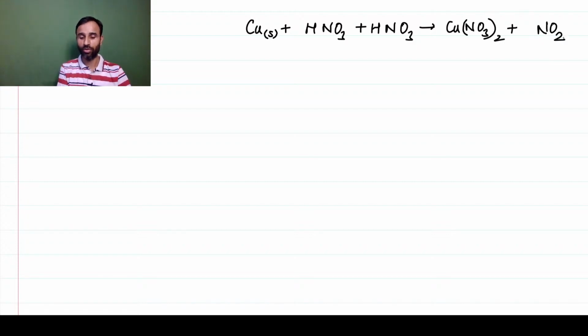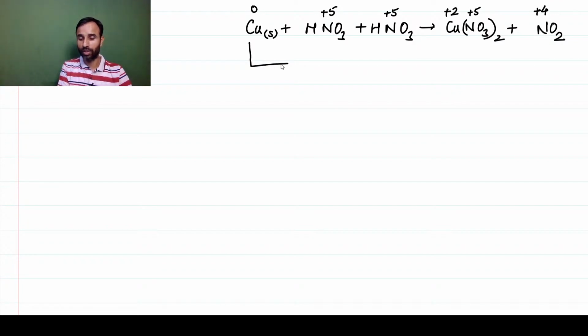Now see, again copper 0, HNO3 plus 5; here copper plus 2, nitrogen plus 4.